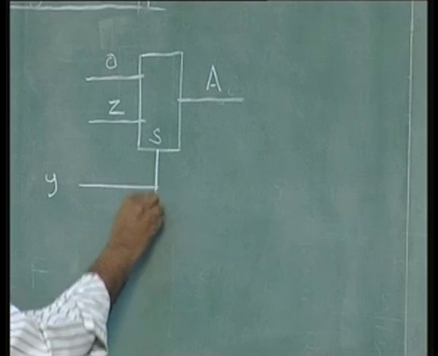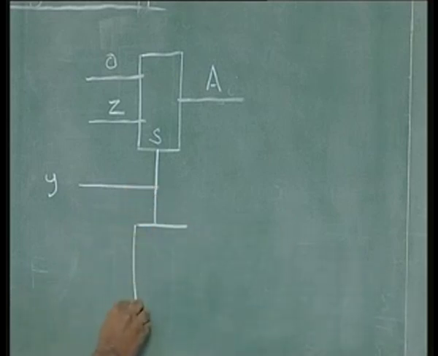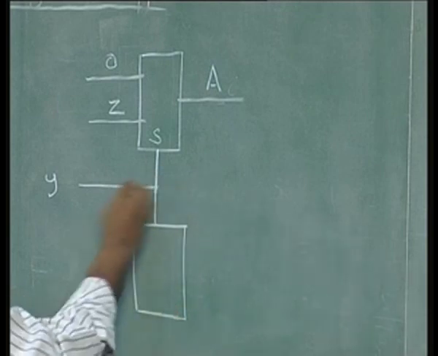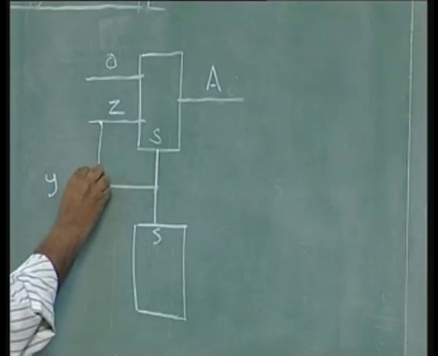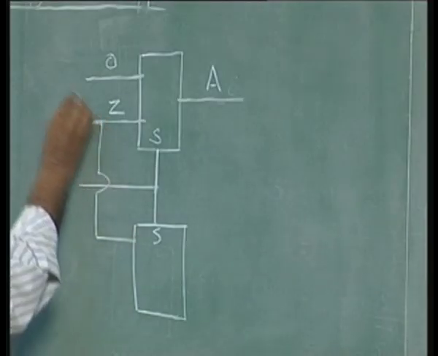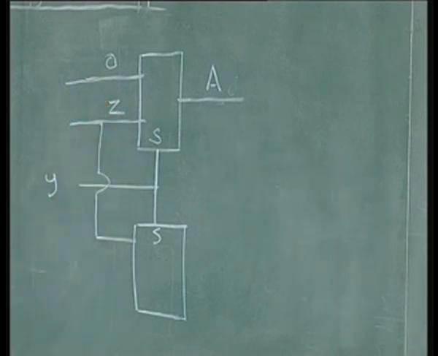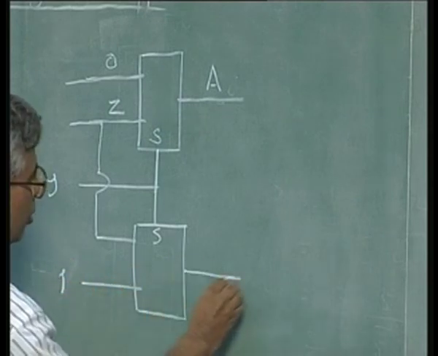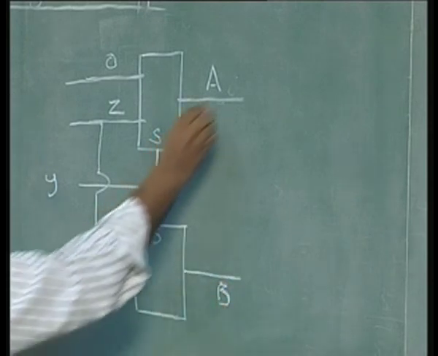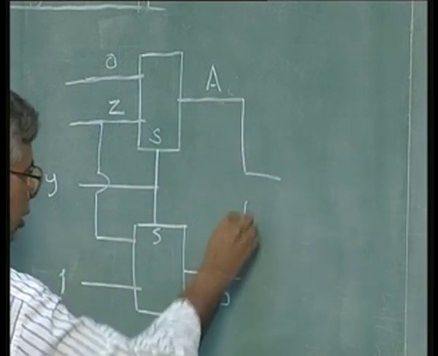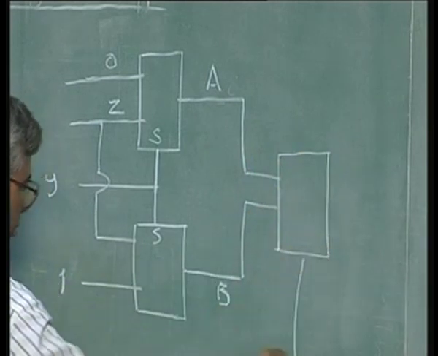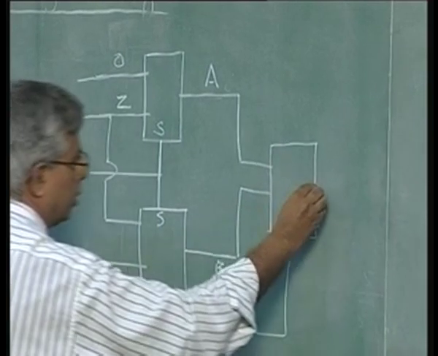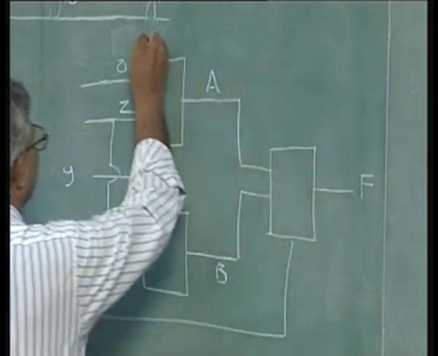The second multiplexer, which will implement b, will have z as the first input and 1 as the second input. This will be b, and together they can be implemented using a third multiplexer with x as the selector input, and this is the output. So, all of them are 2-to-1 muxes.